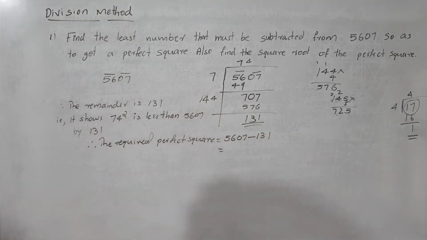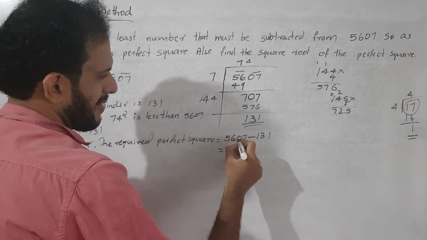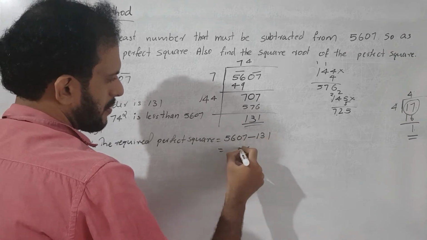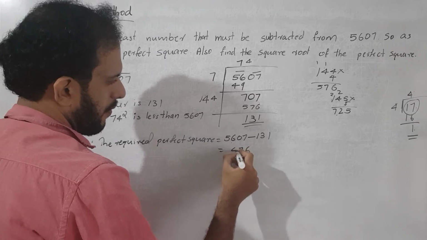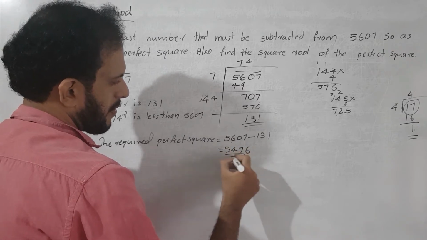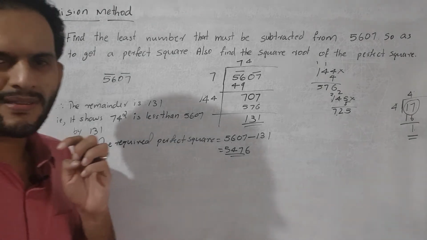5607 minus 131. Then what do we get? Yes, 6. Then here is 10. 10 minus 3 is 7. Here is 5. Then 4. 5, 4, 7, 6. So what is the perfect square number? 5476.